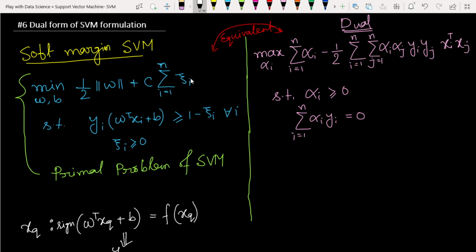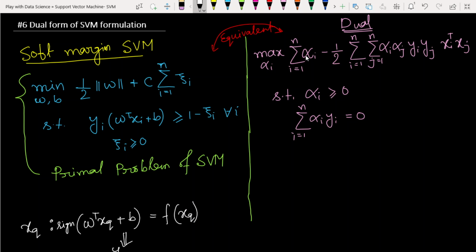We have seen in the previous lecture, zeta comes from all xi's for all misclassified points. If our data point is correctly classified, then zeta is 0. If our data point is misclassified, then only zeta is greater than 0. We got it. So simply, zeta is responsible for our data points.